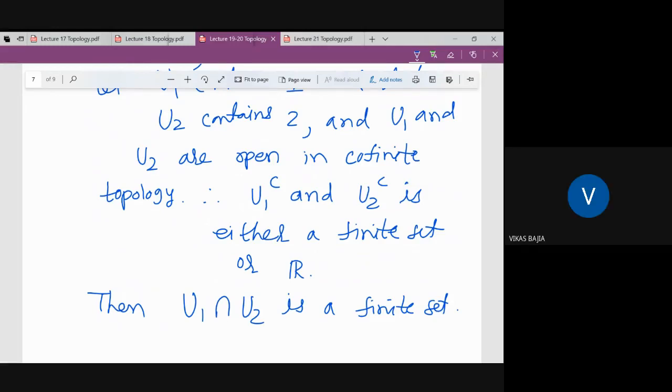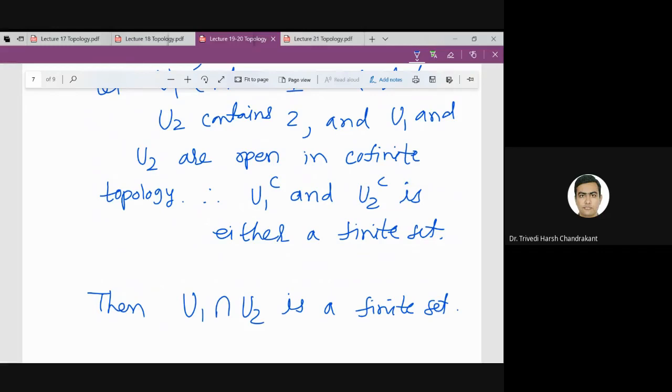Yes sir, when its complement is R it can be so, otherwise no. So can a set have complement R and contain some point? Sorry. Yeah, that is not possible, right? Since U1 and U2 contain a point, the second possibility we will not have, because otherwise, if the complement is R, then the set is the null set, so it cannot contain 1 or 2.